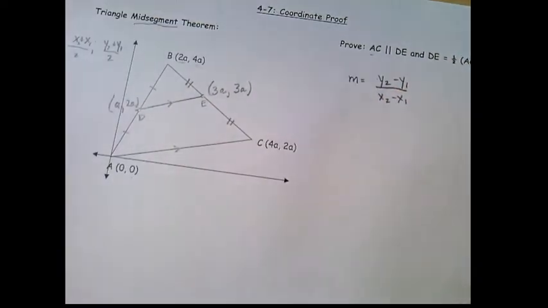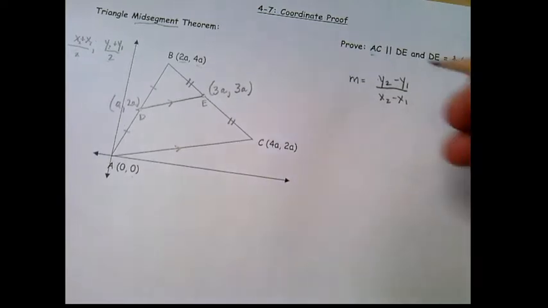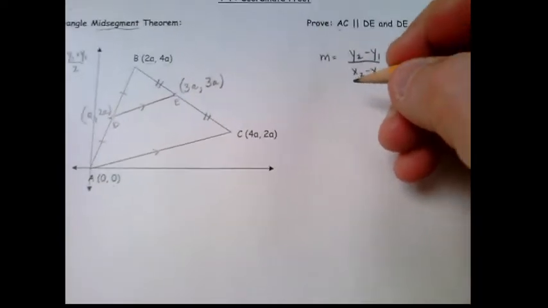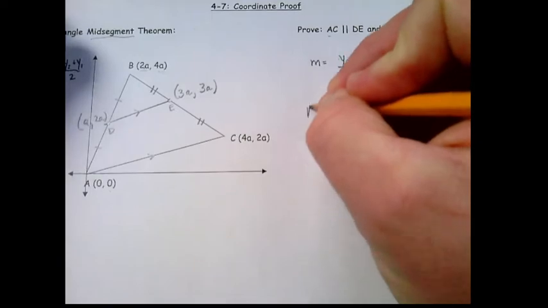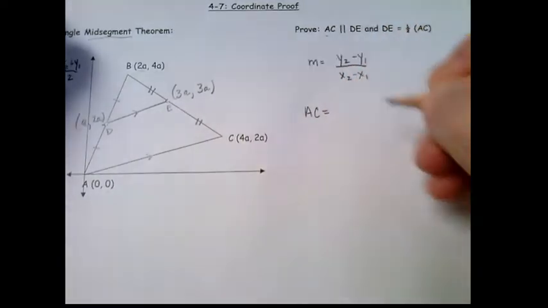Now it's very important that when you do your coordinate proof that you show all of the work. The work is the proof, basically. So I'm going to do that with A and C first of all. I'll put AC for the slope here.